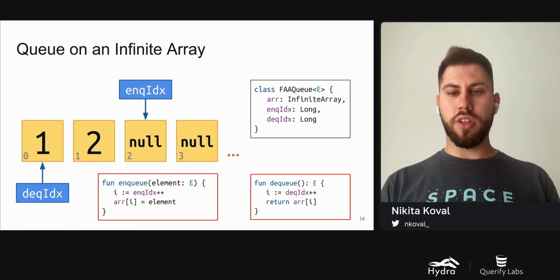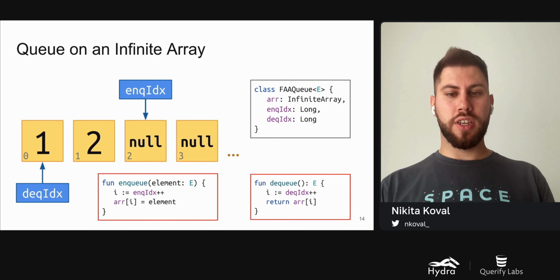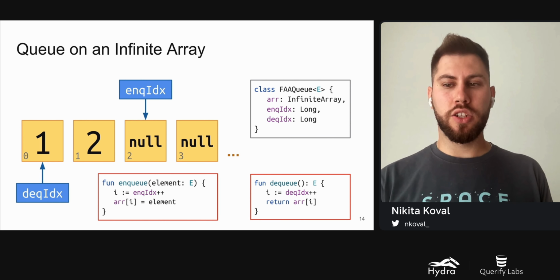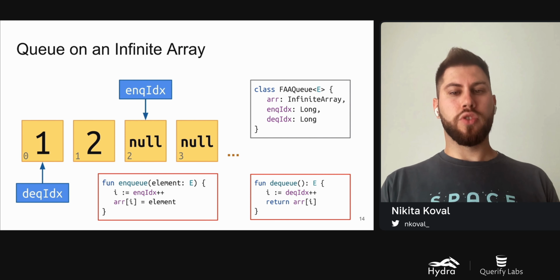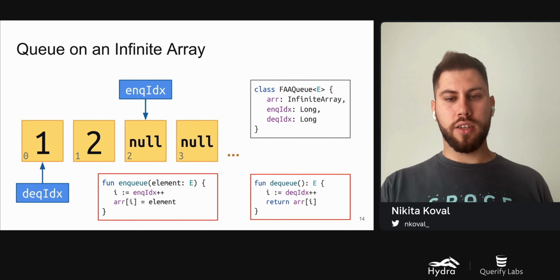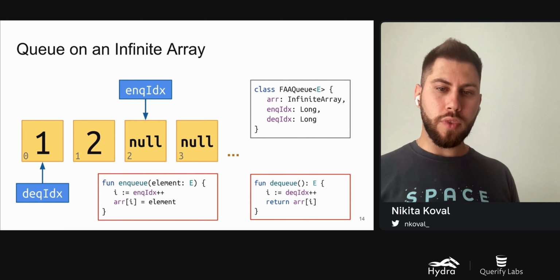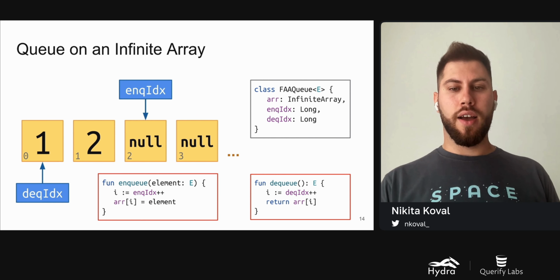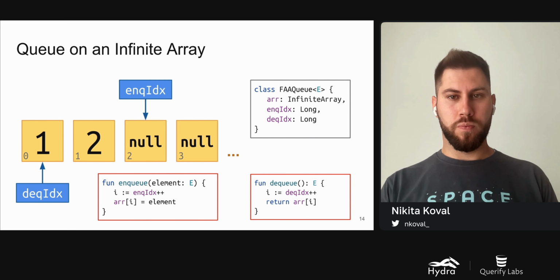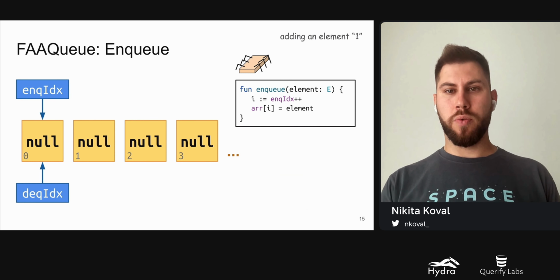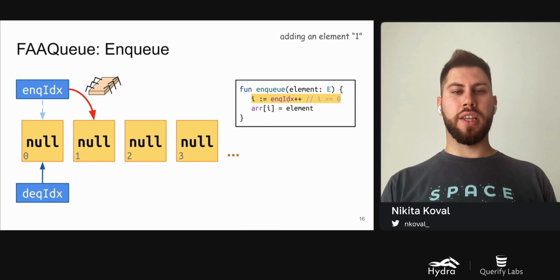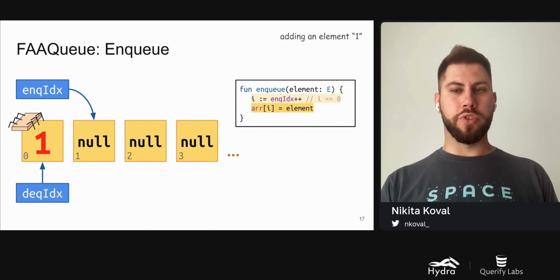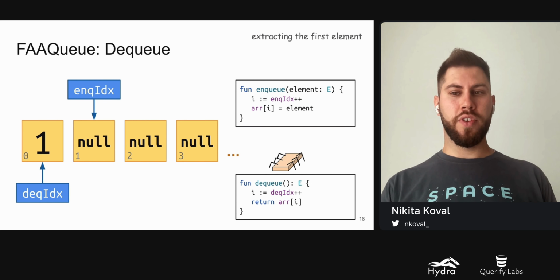And the dequeue operation also increases its counter, the dequeue index counter, and returns the value located in the corresponding cell. So how does it work? Here's enqueue. When enqueue comes, it first increments the enqueue index counter. Then it puts the element and finishes.